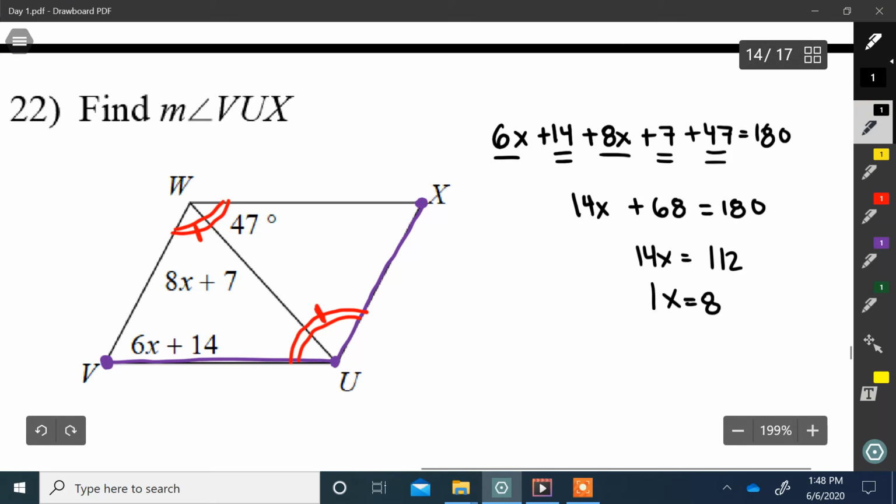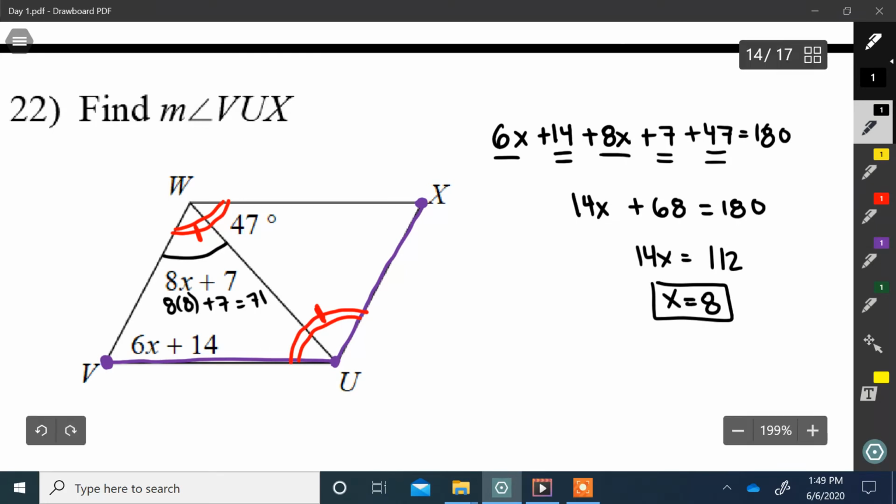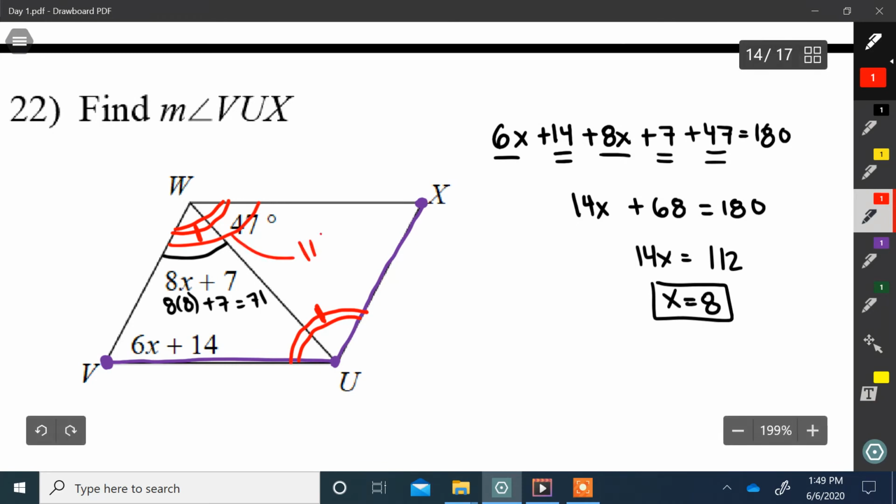Well, we know that x is equal to 8. So we plug in 8 times 8, plus 7. 8 times 8 is 64, plus 7 is 71. Now we just found this angle from here to there. That's 71. The whole thing, the red part, we have to add 71 plus 47, and that will be 118.